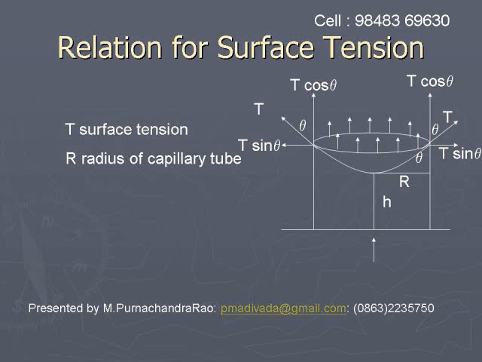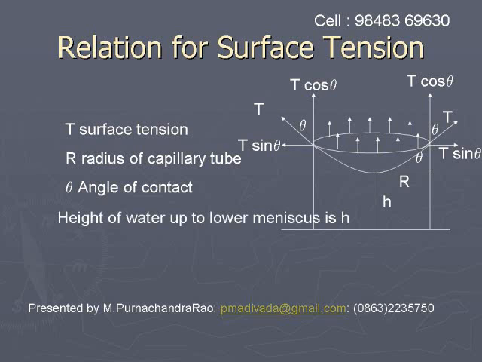If m is the mass of the liquid raised, mg is weight. Hence, 2 pi r T cos theta is equal to mg. Here, T represents surface tension, r represents the radius of the capillary tube, theta is angle of contact, and the height of water up to the lower meniscus is h.